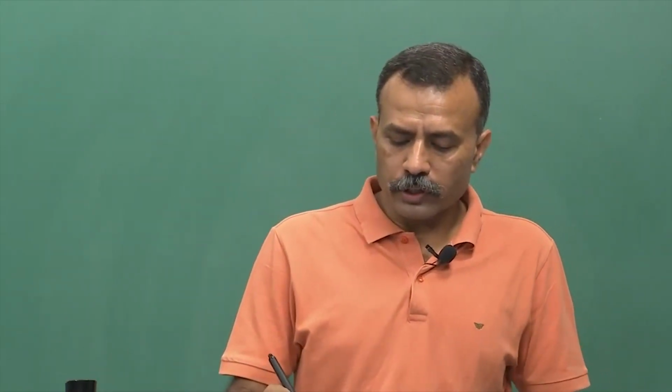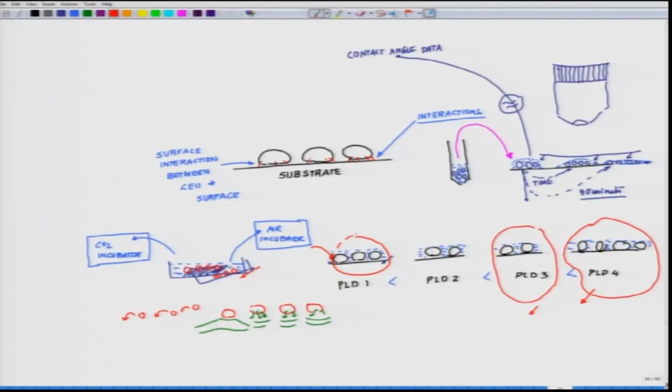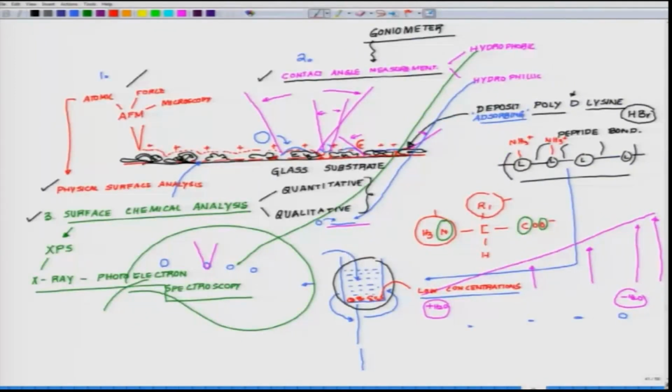So with poly-D lysine, a very low concentration does work, and the way it works, it is believed to be these positive charges on the surface of poly-D lysine, from the NH2 groups present there, interacting with the surface negative charge of the cell, possibly.